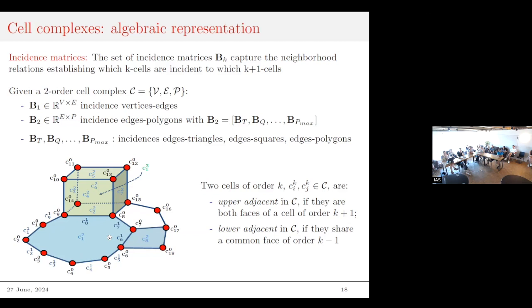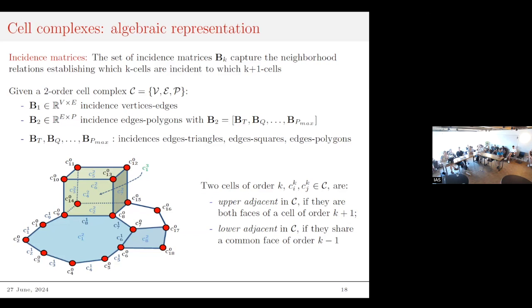But they are also lower adjacent through this node here, C07. This is the topology that the incidence matrix is encoding. Lower adjacency means they share a common face of lower order, because the vertices are 0-cells and the order is 0. If I consider the edges, that are 1-cells, the order is 1.